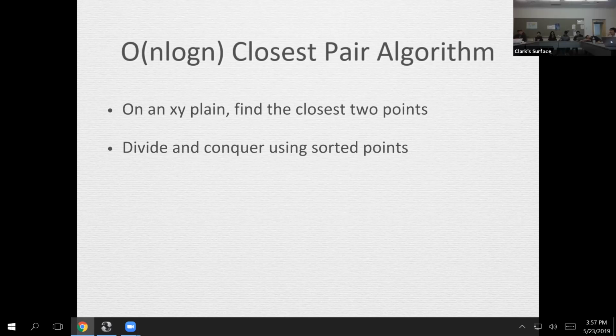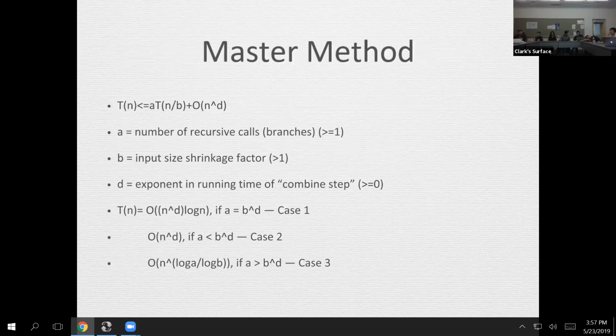So it's on your plane, and you want to find those closer than a given distance. The comparison method to get notation for a divide and conquer algorithm basically just solves the running time and gets the notation with it.